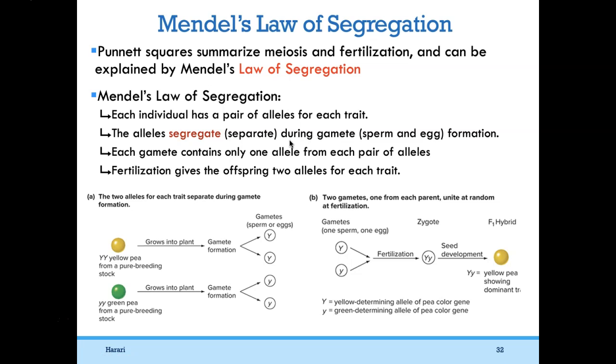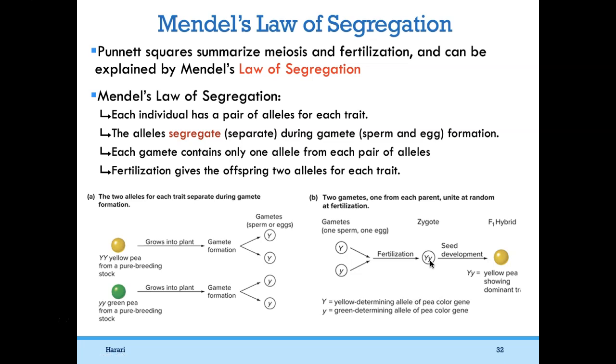So if I have a big Y sperm and a little y egg, those will get fertilized. And that would give me a zygote, which has 1 of each allele, big Y, little y. And if I were to plant that seed, I would get the F1 hybrid that would still look yellow because big Y is dominant to little y.